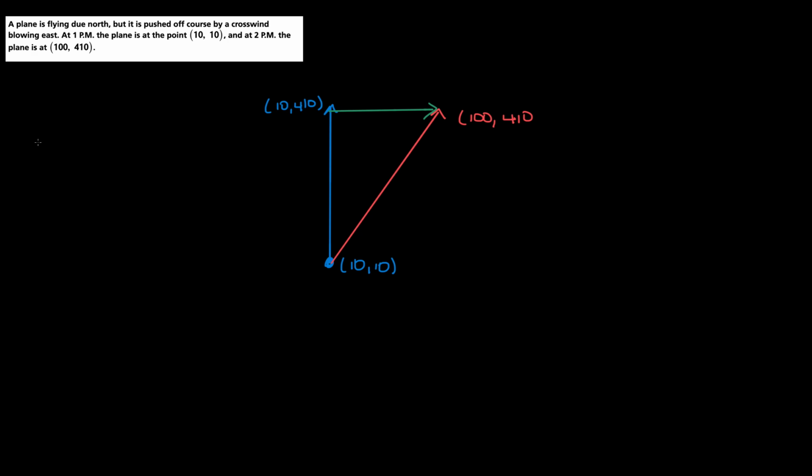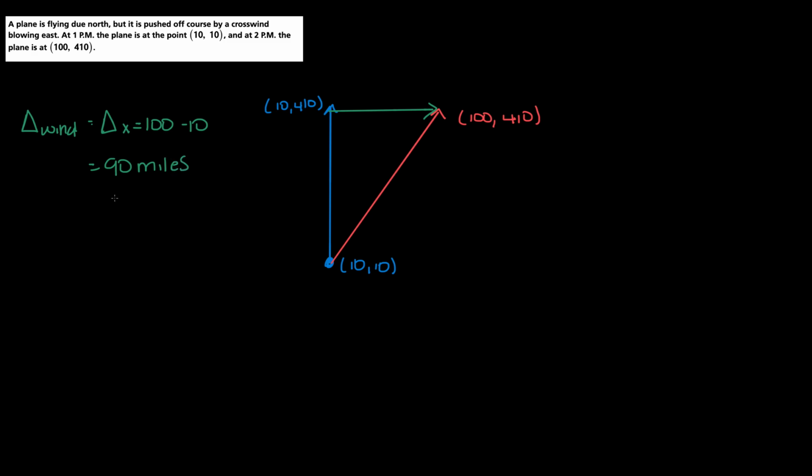I'm going to find the change of my wind. The green is my wind, so it's going to be the change in my x values, and we're looking at 100 minus 10. So my change here is 90 miles.